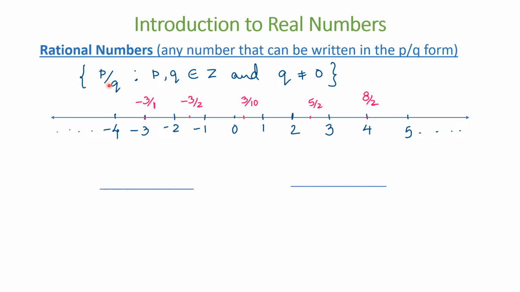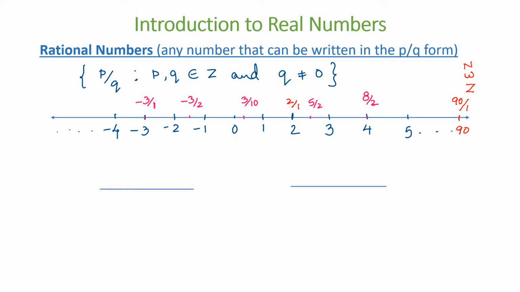So obviously over here we will have all the natural numbers, all the whole numbers, and all the integers. Why? Because if I say 2, then 2 can be written as 2 by 1. In the same way, suppose I have a number 90, then I can write 90 as 90 by 1.